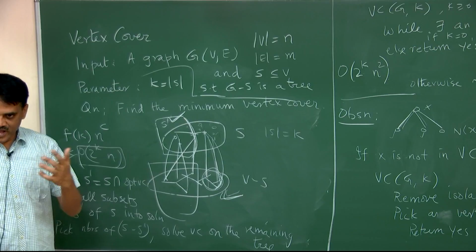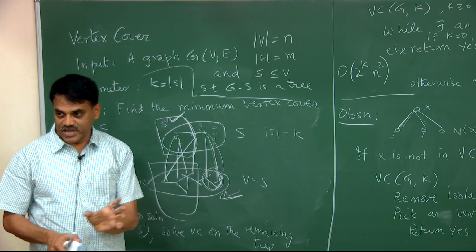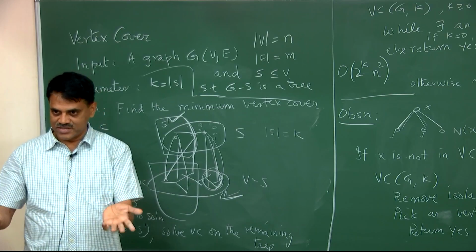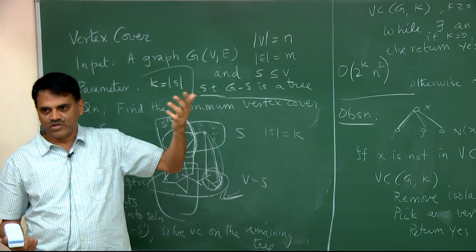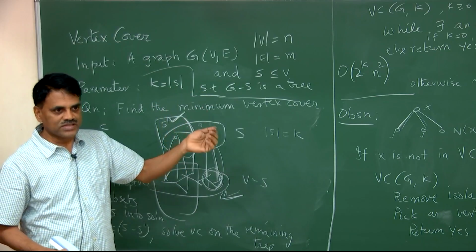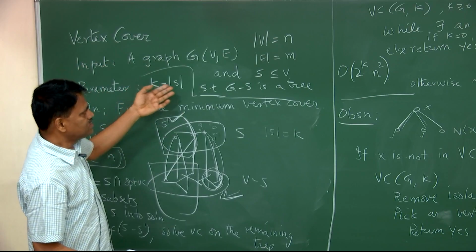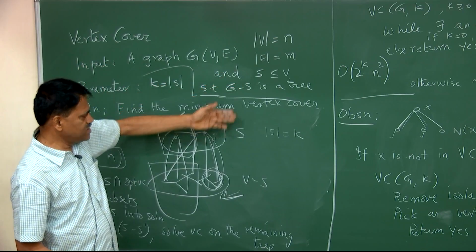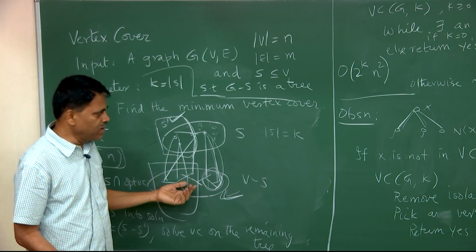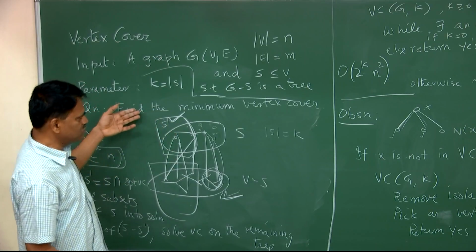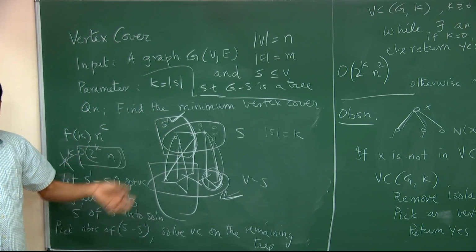So there is an S contained in V such that G minus S is a tree. Just keep only one edge and delete everything else. S is actually a feedback vertex set, if you remember. It kills all the cycles. So any graph can be written as S and G minus S, where this portion is a tree. It could be an edge or something. So if I have a polynomial time algorithm, then I can actually solve minimum vertex cover in polynomial time in the input size.